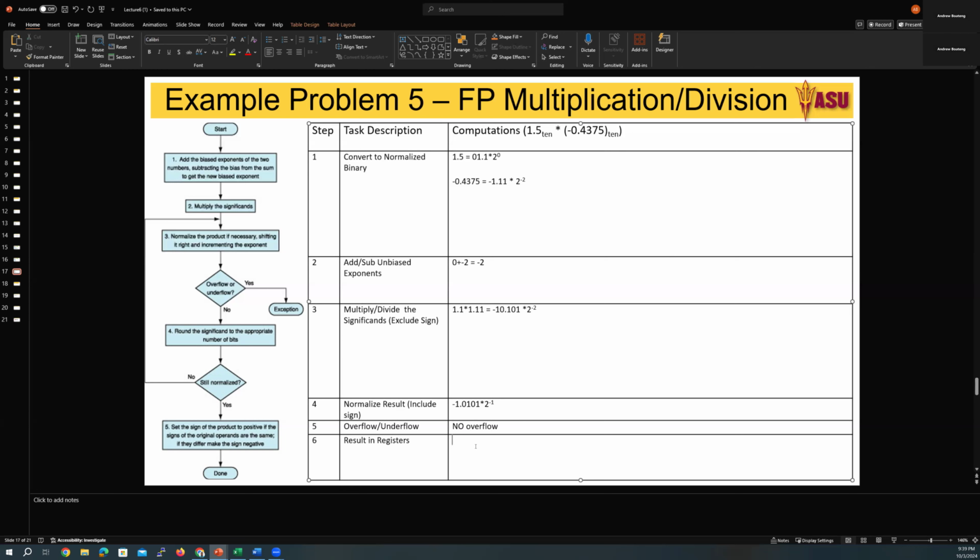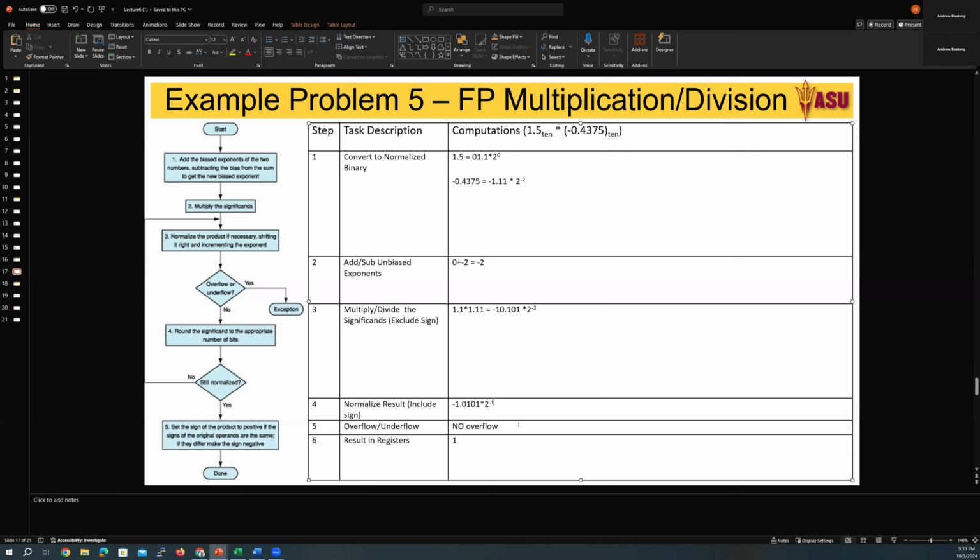How do we represent this in the registers? We know it is a negative number, so the first bit is going to be 1. We are doing single precision. What is the biased exponent? The biased exponent is whatever our unbiased exponent is plus 127. So it's negative 1 plus 127.